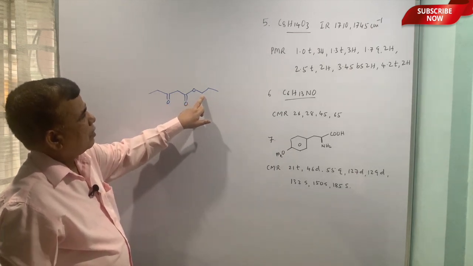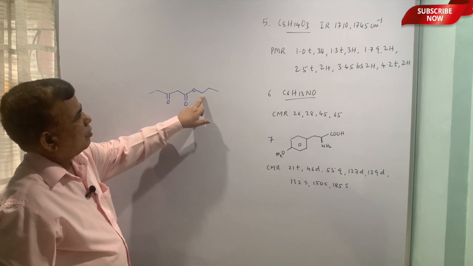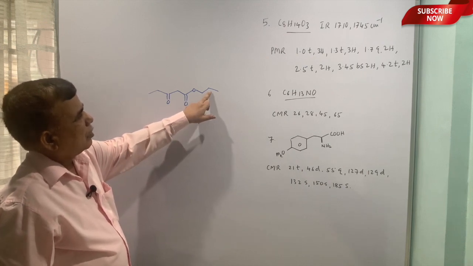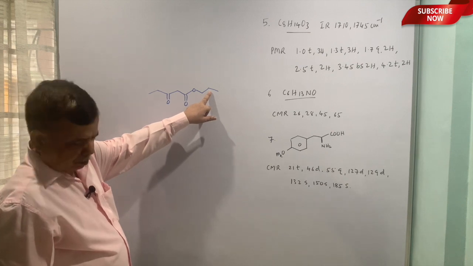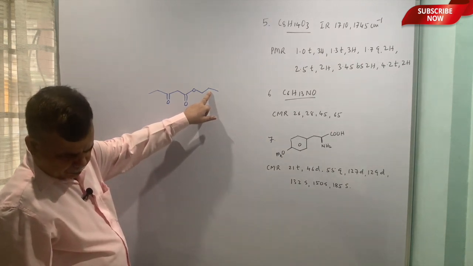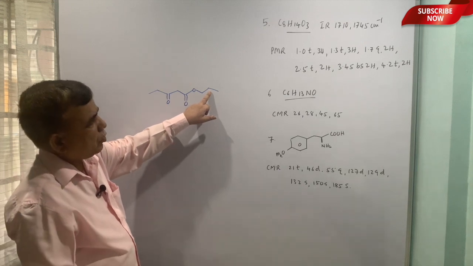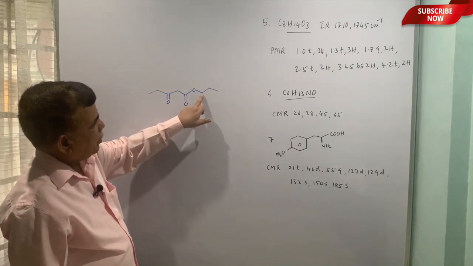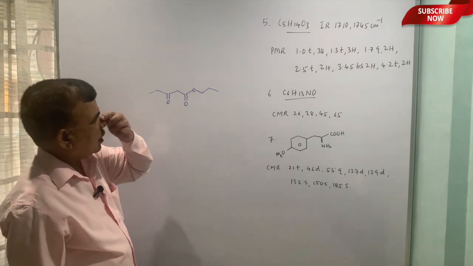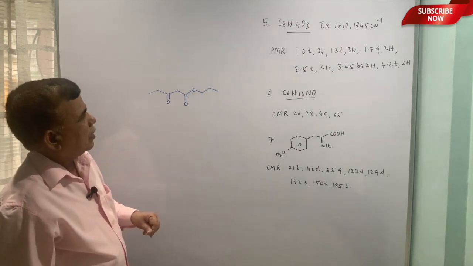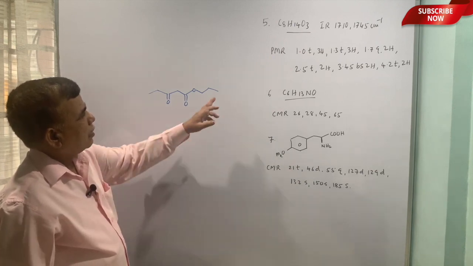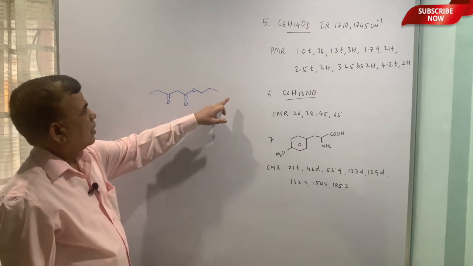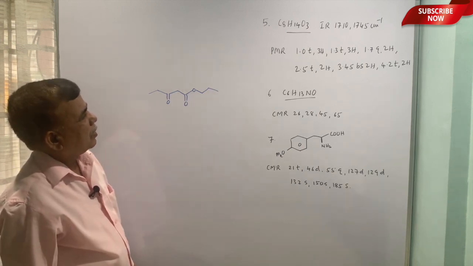This is 4.2 triplet, 2 proton, this is 4.2 triplet, and then these two are there, like 2.5 and 1.7 quartet for 2 protons, and the last one is 1.3 triplet, 3 protons.